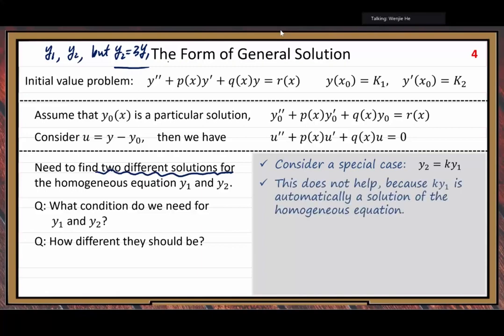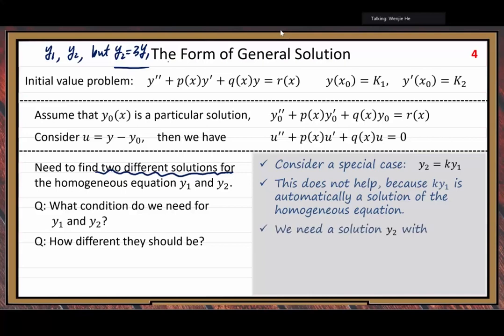This does not help because k y1 is automatically a solution of the homogeneous equation. And when you use these two, you can only get a constant multiple of the y1 solution, but you won't get many other solutions.